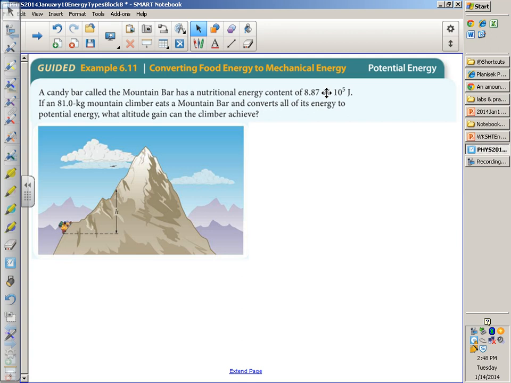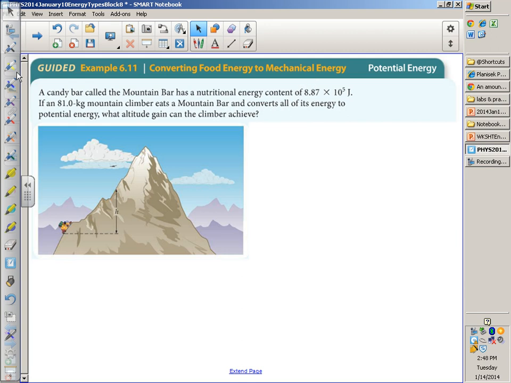Calories are just like an English unit for energy, kind of like feet and meters. So when we talk about the amount of calories in a substance, we're talking about how much energy is in it. In this problem, our mountain climber, who has a mass of 81 kilograms, is turning the energy of this candy bar into potential energy.